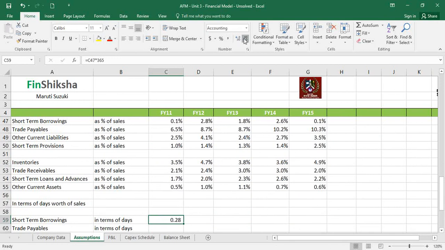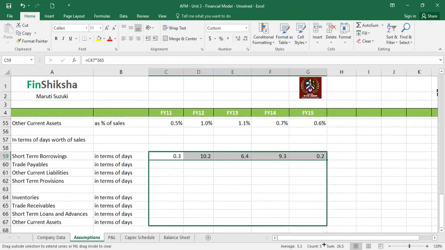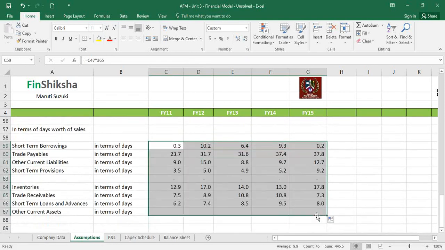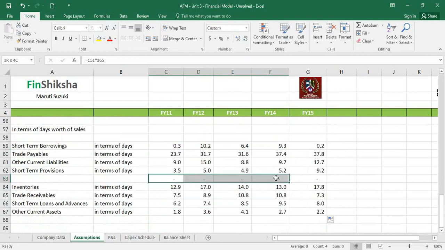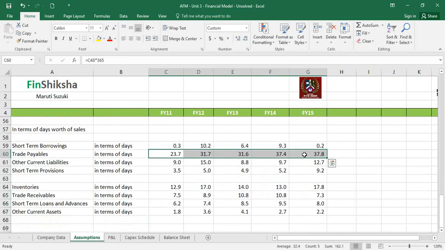That's the days worth of sales that we are getting for all the line items, correct? And that tells us that the company maintains an inventory of close to about 12 to 15, 17 days worth of sales. The company maintains receivables of close to about 7 to 10 days of sales. The company pays money after about 37 days of the cycle.